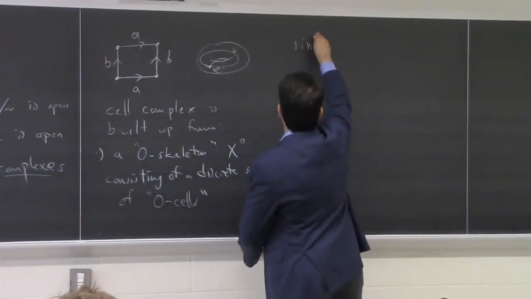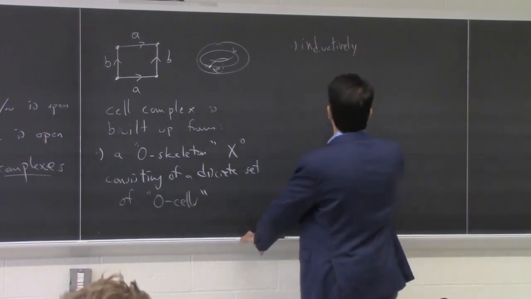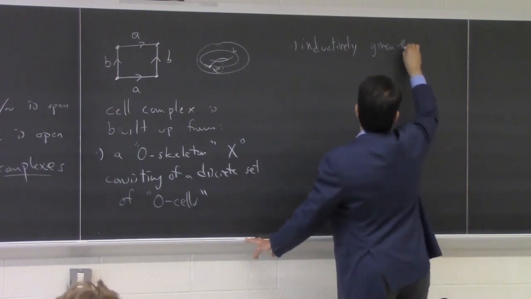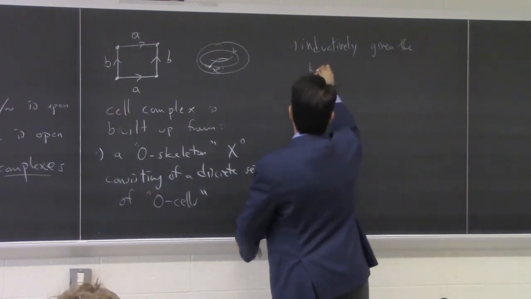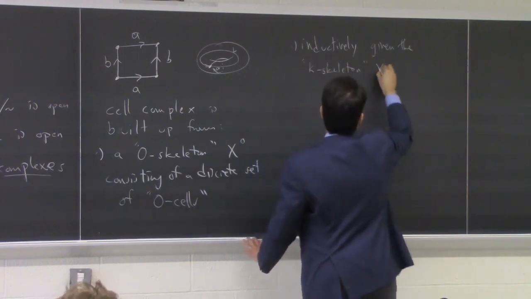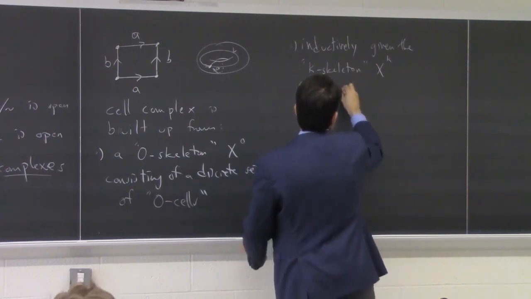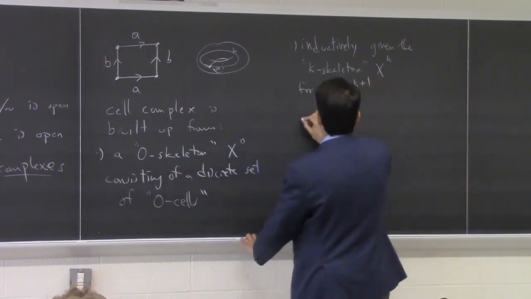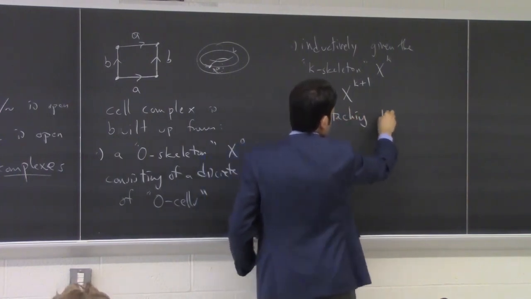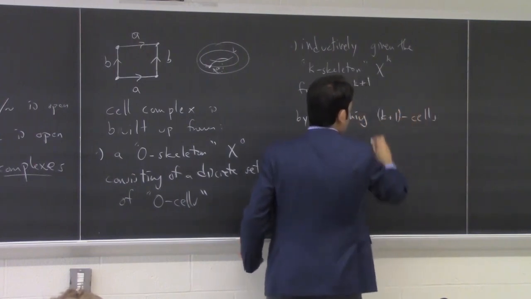And then inductively, given the K-skeleton, you form the K+1 skeleton by attaching K+1 cells.